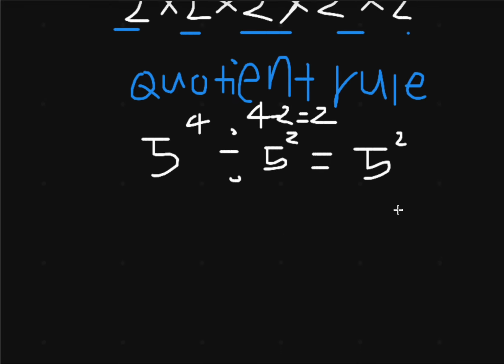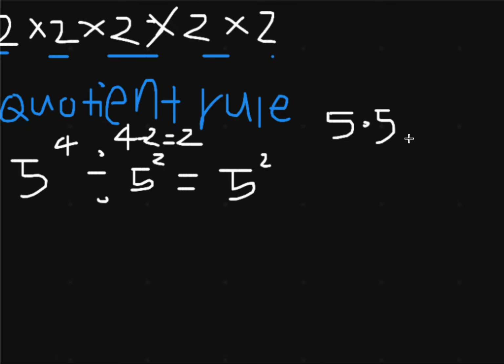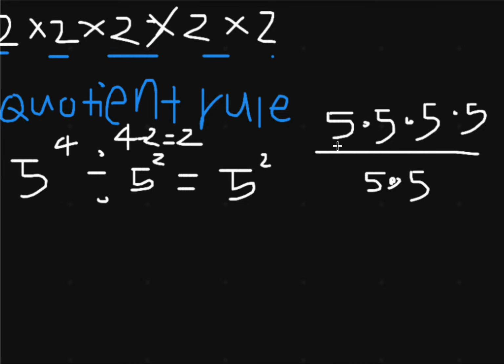I wonder how this works out. Well, if we go right over here, 5, I'll just use dots to save time instead of the multiplication symbol. Dots are the multiplication symbol from now on. Times 5. And you know that dividing can work as fractions. So 5 times 5 over 5 times 5 times 5. Oh, same numbers. I'll use a different color to show that it's canceled out.